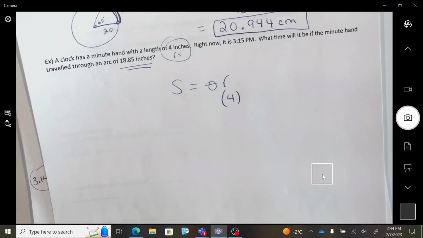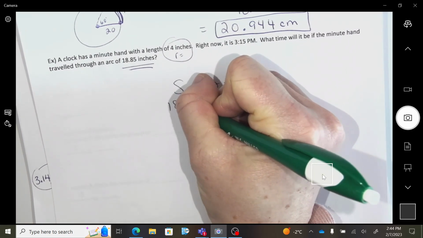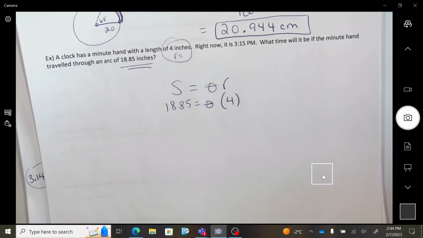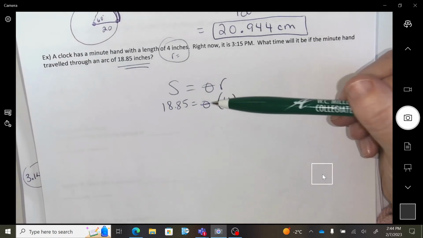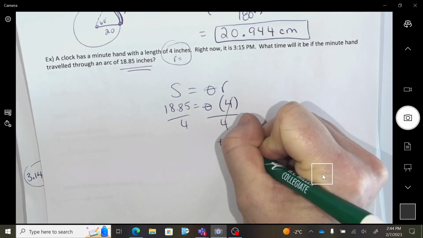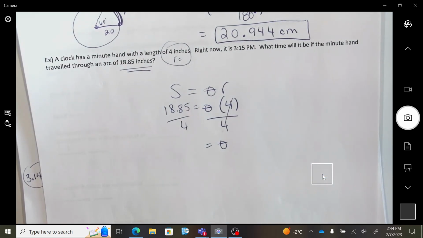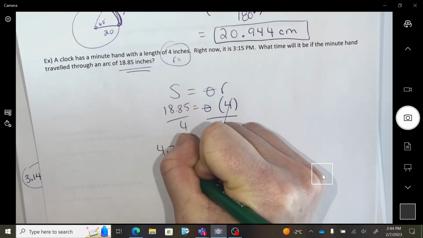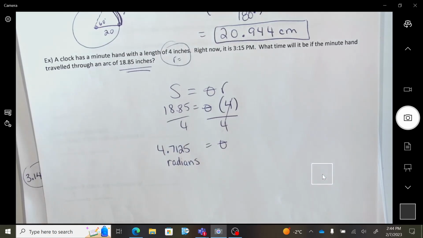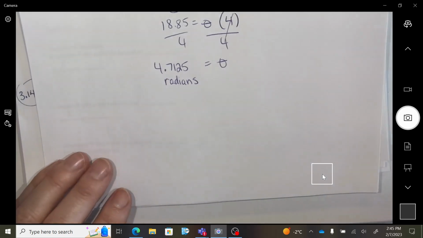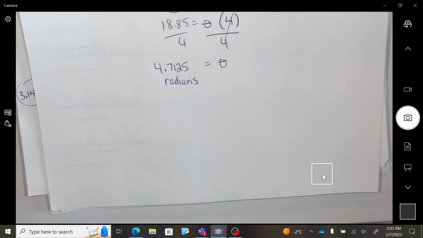And I told you that the whole arc, the outside of the circle, was 18.85. Now I'm going to figure out the angle, so I'm going to divide by 4. 18.85 divided by 4 is 4.713.